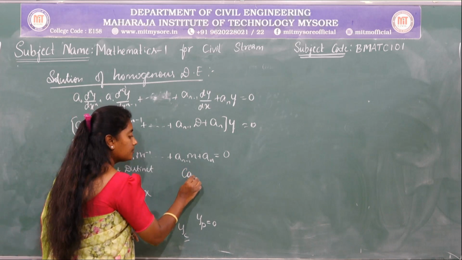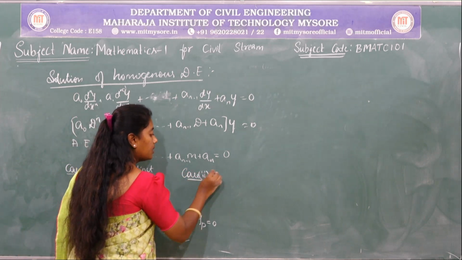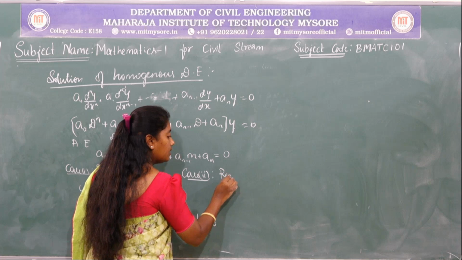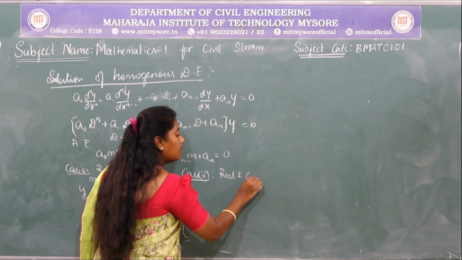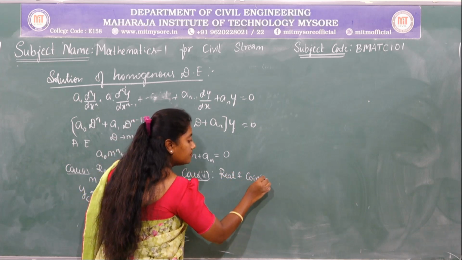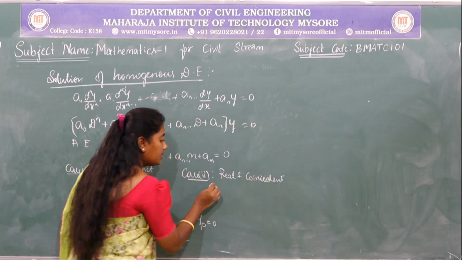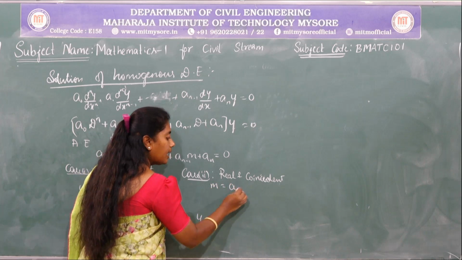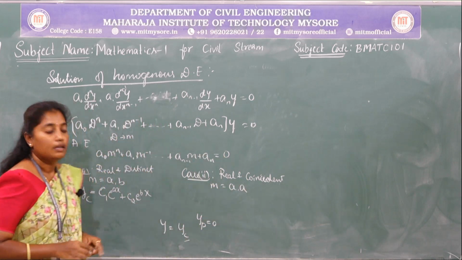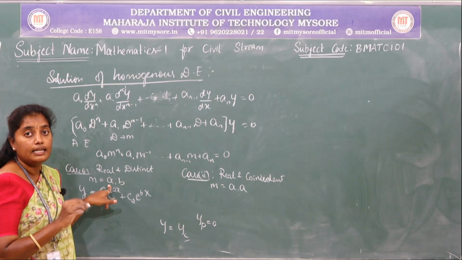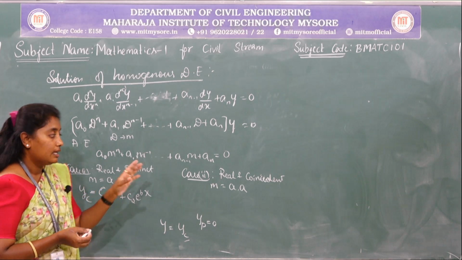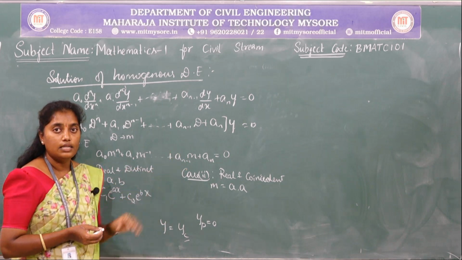Case 2, if the roots are real and coincident. Real and coincident means the roots are real and the same. In the first case we discussed real and distinct roots, in the second case real and coincident, or same, roots.